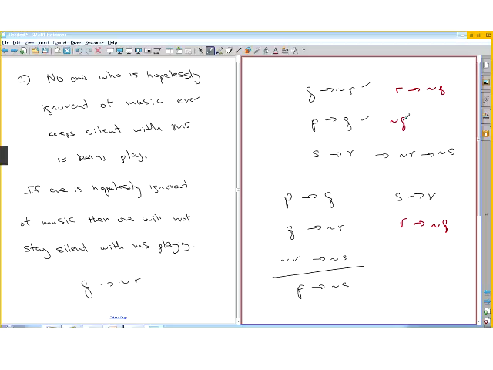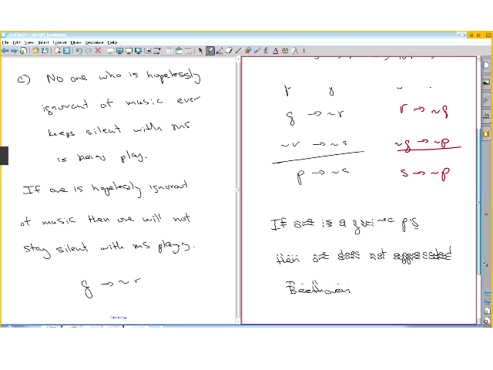Well, we don't. But if we take the contrapositive of that, we get if not Q, then not P. So we put that in there. And now we have these alternating things, so the final conclusion would be if S, then not P.